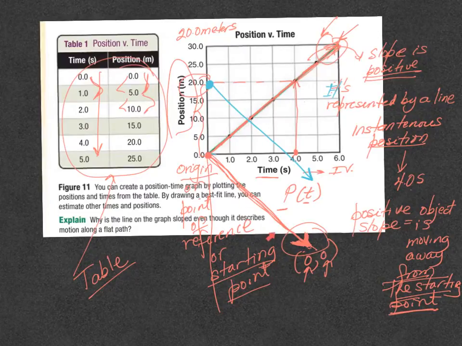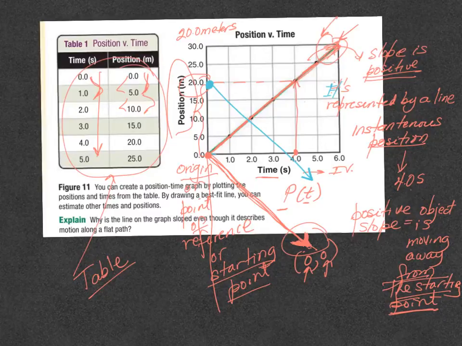So you need to analyze the graph that you have in there. A negative slope also means that your object didn't start at the reference point, that it started some meters away from the reference point and is moving toward the reference point. So those are different situations that you may have in there. Okay? Questions about that? No?